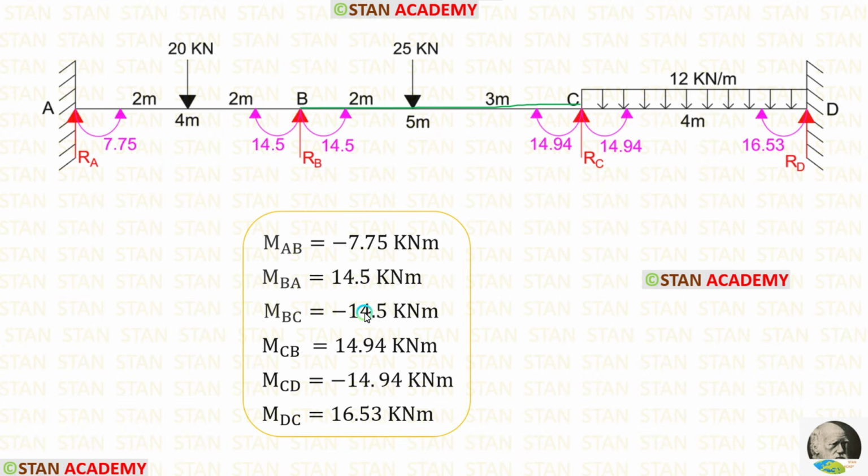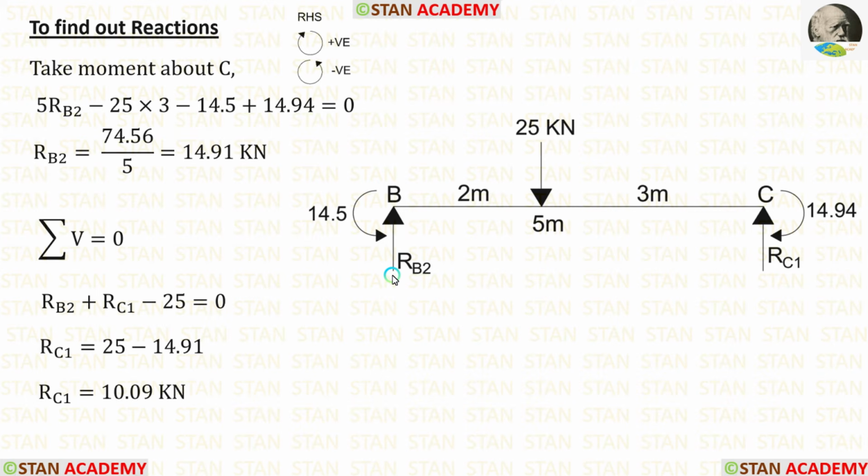In the span BC, there are two moments, MBC, which is acting in the anticlockwise direction, and MCB, which is acting in the clockwise direction. In this span, first I am going to calculate RB2.